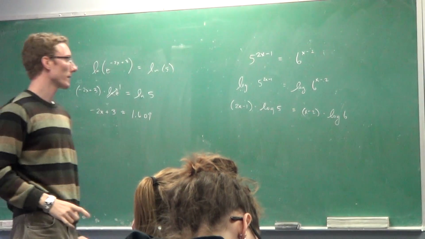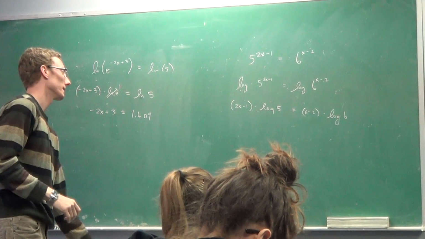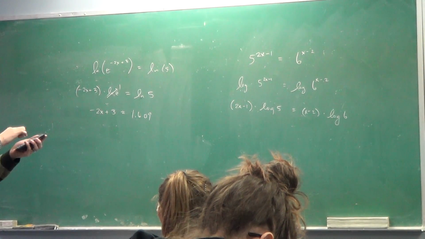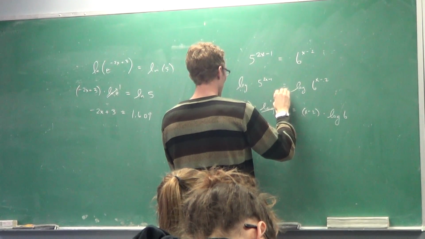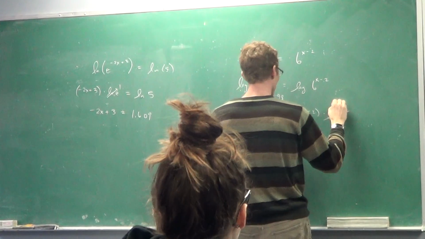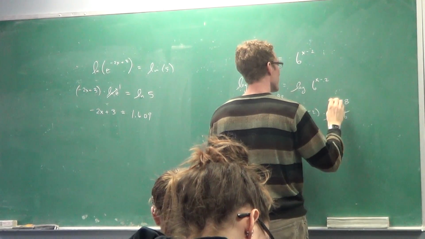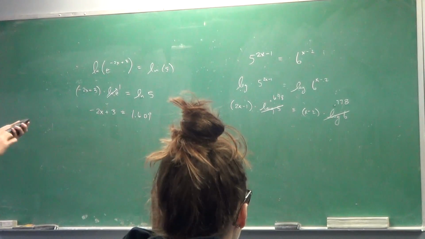Now, in this case, we've got logs on both sides. We've got letters on both sides. It might just be easiest to say, okay, what's log 5? Use your calculator. 0.698. And what's log 6? 0.778. And then take those numbers and distribute them.